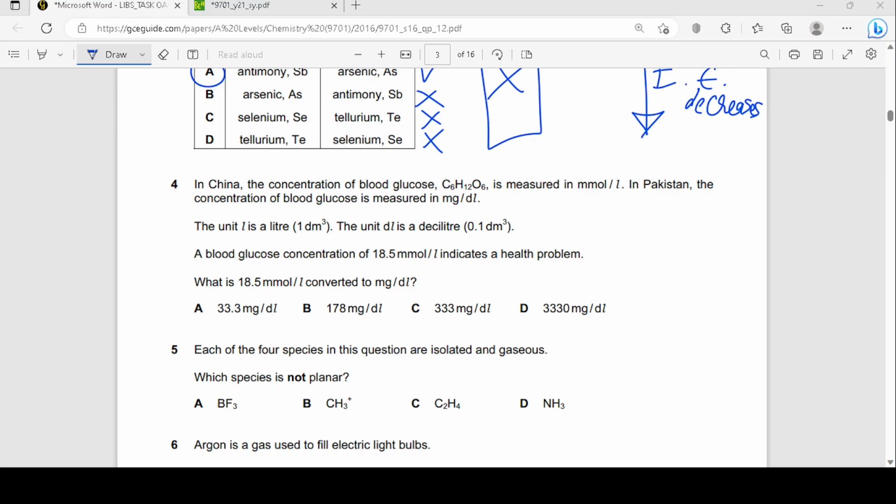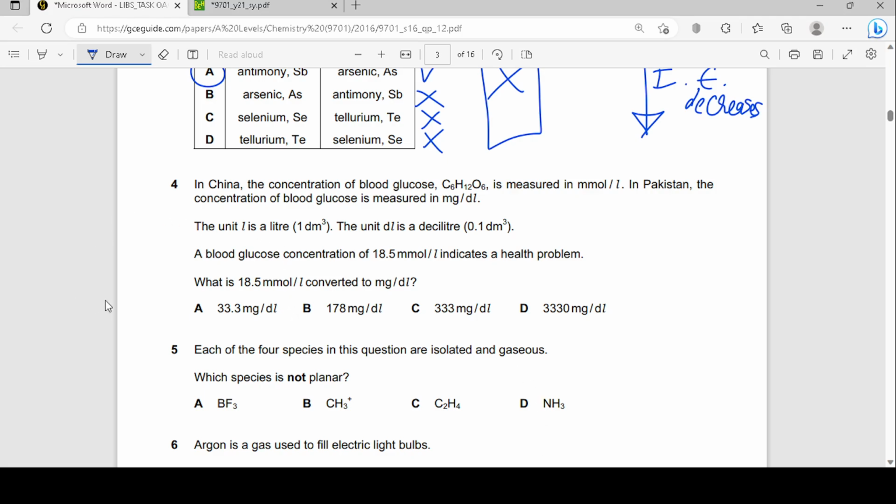The unit L is a liter, 1 dm cube. The unit dL is a deciliter, 0.1 dm cube. So a blood glucose concentration of 18.5 millimoles per liter indicates a health problem. What is 18.5 millimoles per liter converted to milligrams per deciliter?